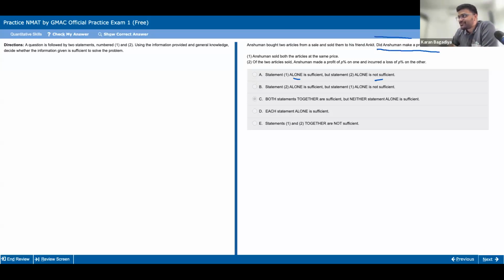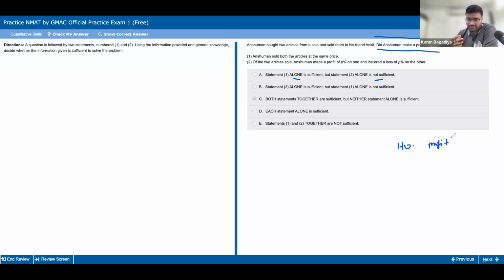Look at it here: did he make a profit or a loss? I don't need to calculate the profit. I don't need to calculate the loss if that were the case. I just need to be able to determine, was there a profit or was there a loss? Yes or no to that. Versus if the question was, how much is his profit? Then if the statement has to be sufficient, I need to be able to uniquely determine the profit. See the two types of questions, therefore.